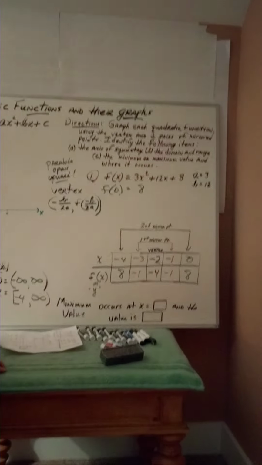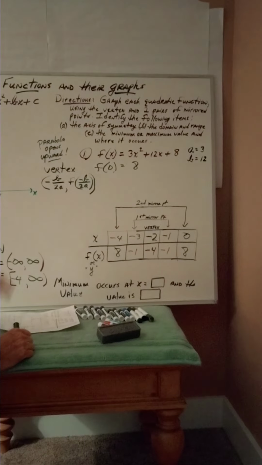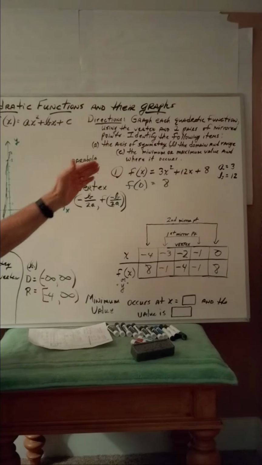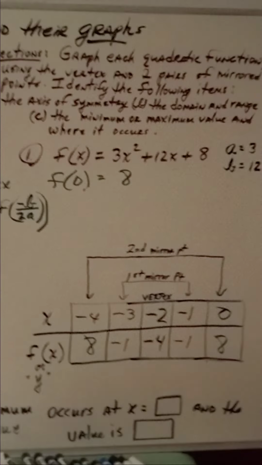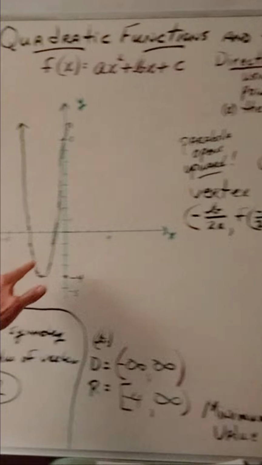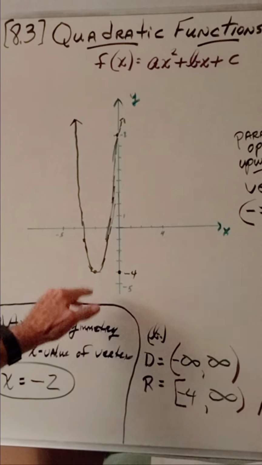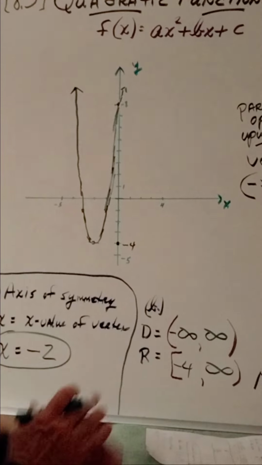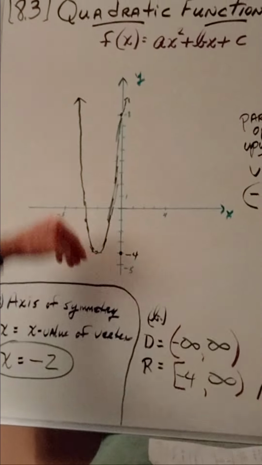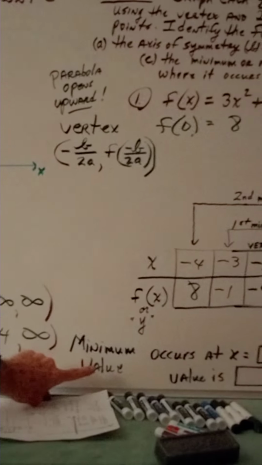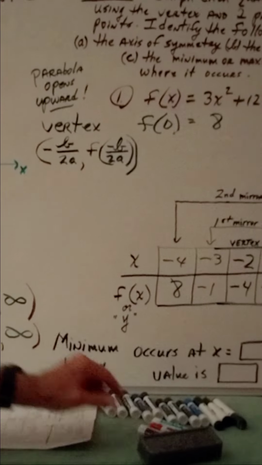And then finally, we already pointed out up here in letter C, they'll be either asking you to identify the minimum or maximum value and where it occurs. The minimum or maximum value is located where the vertex is. And here's the vertex, at the lowest point of the graph. So for this graph, we have a minimum value.